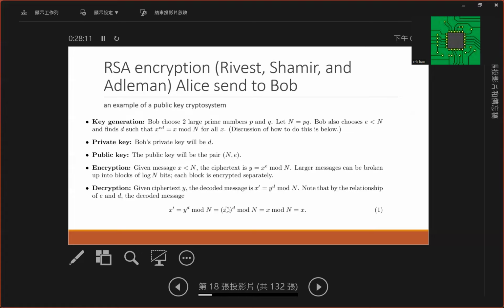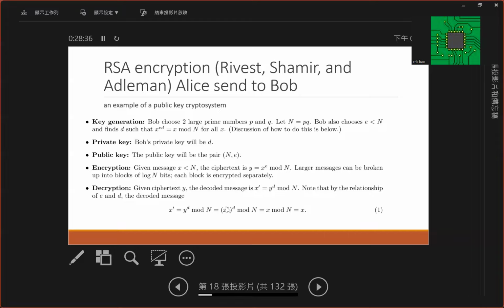So let's say Bob knows n, d and e, and d is his private key. Bob will share n and e with the outside. So let's say this is Alice. Alice knows n and e.